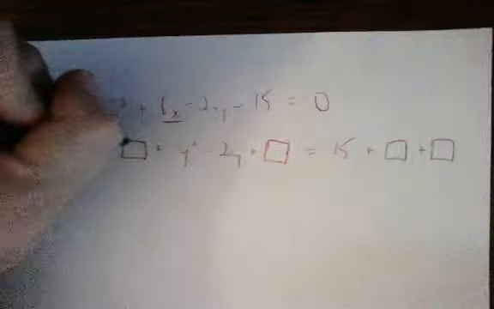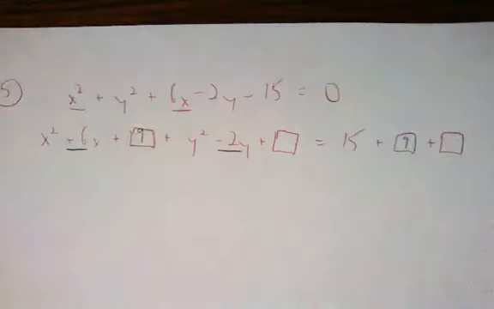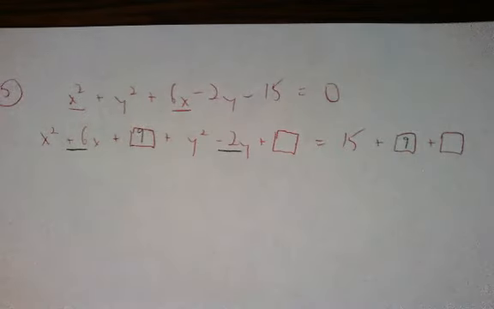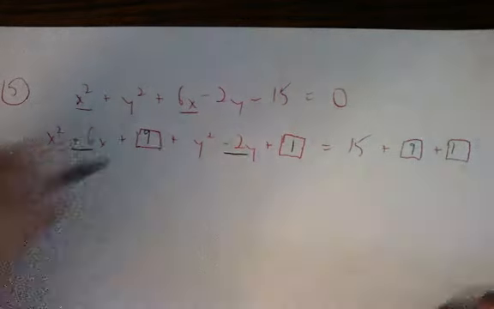So I am going to take the coefficient of x, cut it in half, and multiply it by itself. Half of 6 is 3. 3 times itself is 9. Put a 9 in each first box. I'm going to do the same thing with the coefficient of y. Cut it in half. I have -1. Multiply it by itself. -1 times -1 is a positive 1.